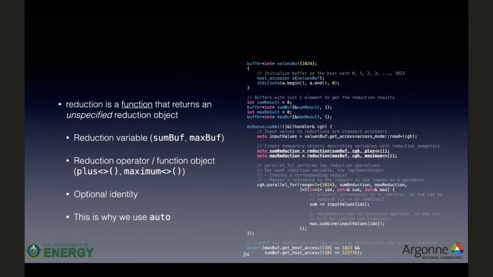When those are passed into parallel_for, those create reducers. You pass these reduction objects into parallel_for, and then into the body of the parallel_for, and then the kernel. There are these reducers, which are also unspecified types.